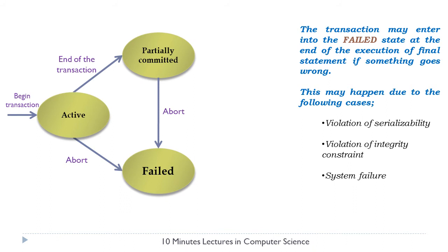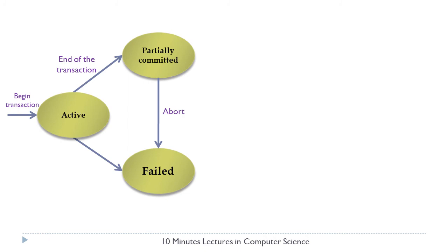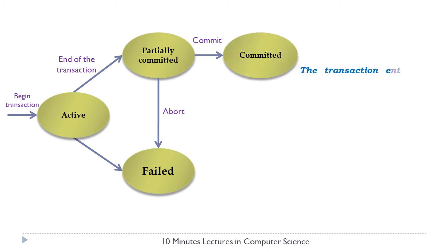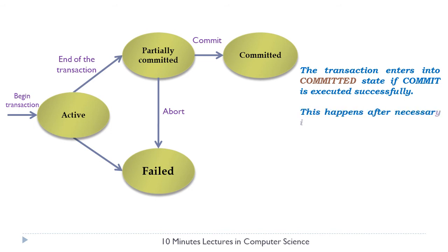A transaction can enter into a committed state from partially committed state upon the execution of the commit instruction. This happens if all the instructions of the transaction are completed successfully. Also, if everything goes well, we need to log necessary information for recovery purposes, and then commit is executed successfully. We say that the transaction entered into committed state.